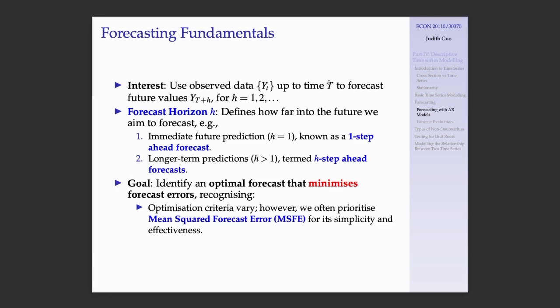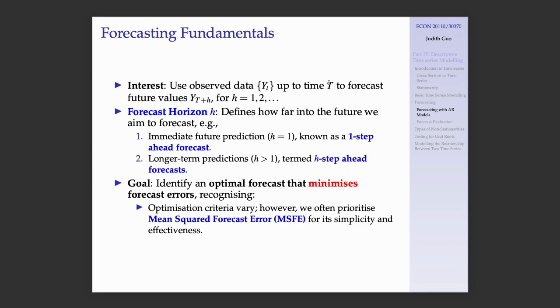The basic idea here is we want to find an optimal forecast that minimizes the forecast errors, okay? The optimality will be based on what criterion function you're looking at, and there are infinitely many different types of criterion.